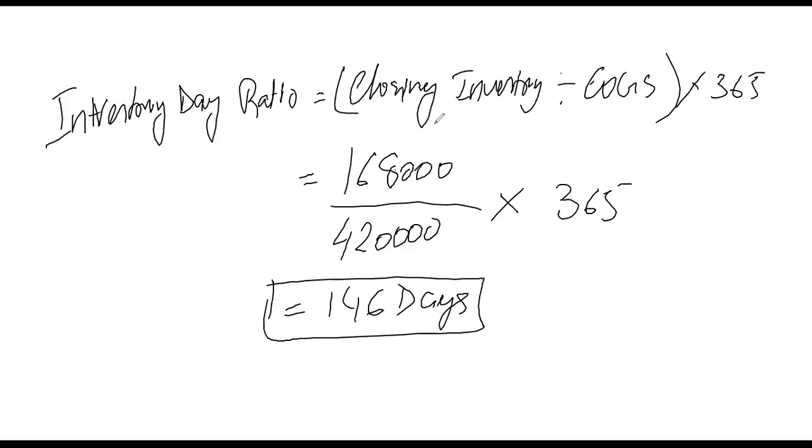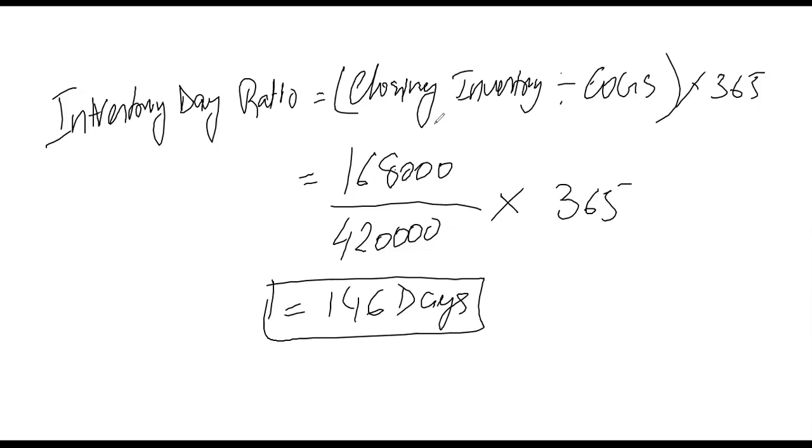How do you interpret this? Although in F2 you won't be asked to interpret it, still, in order to get in-depth knowledge of a particular ratio, you need to know how to comprehend the interpretation of that ratio.